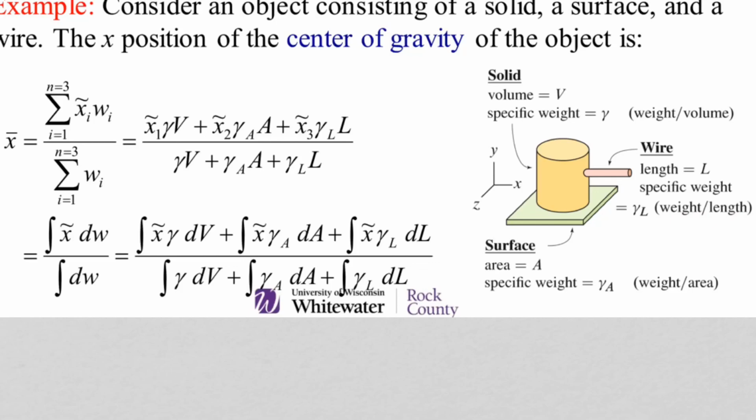Don't just assume that if you see a wire that it is weight per length. It may have a volume value. You just need to know what the diameter of the wire is so you can calculate the volume. And then again, we have the exact same equation that we did before. I'm not going to go through all of that. But please take time and look at the example below on how to solve these types of problems.